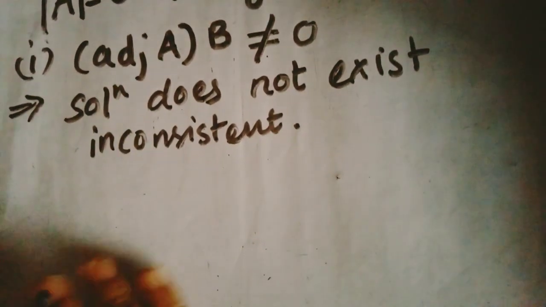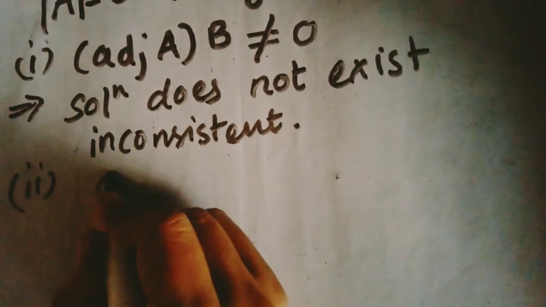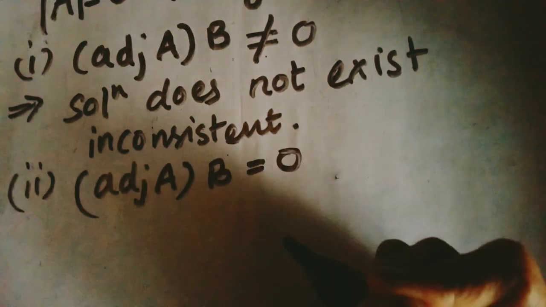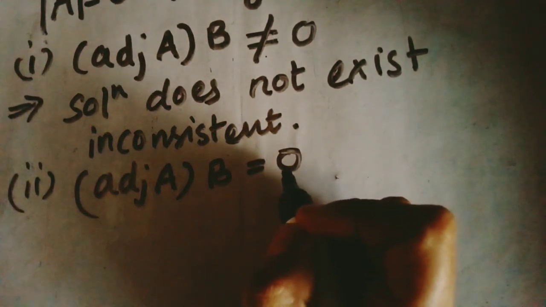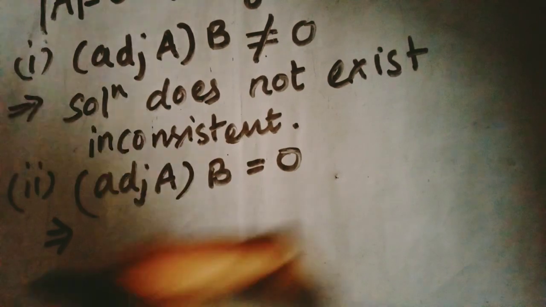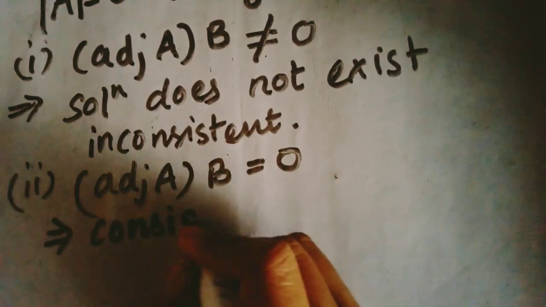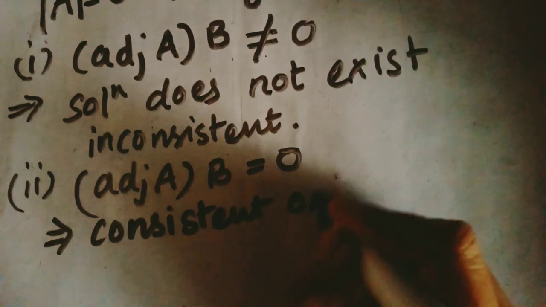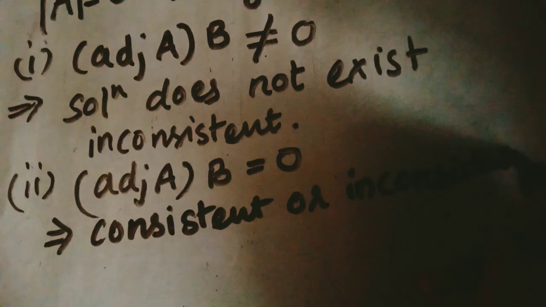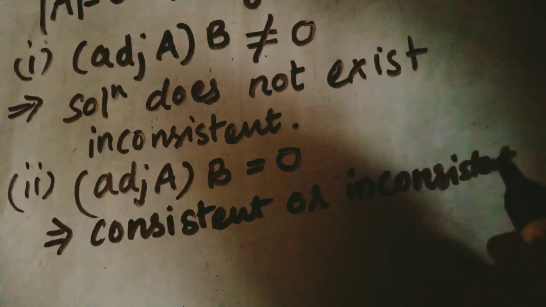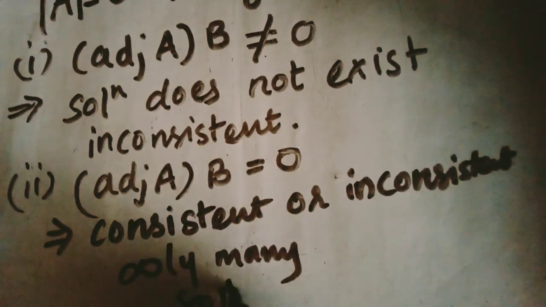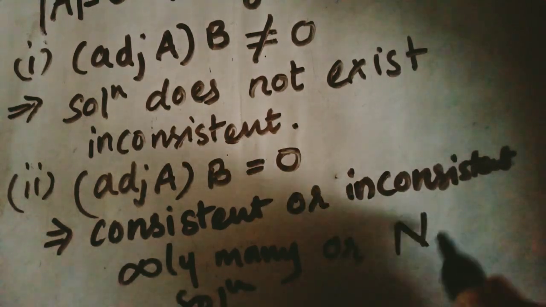Second, you have to check if the adjoint of A into B is equal to 0. If it is equal to 0, then the system may be either consistent or inconsistent. So either it has infinitely many solutions, or it has no solution.